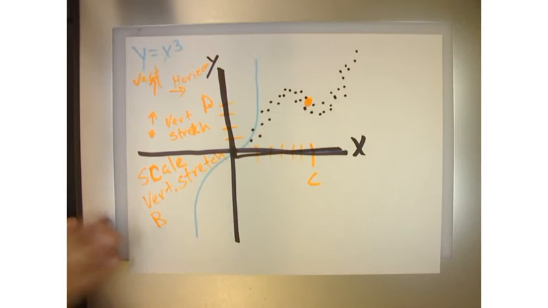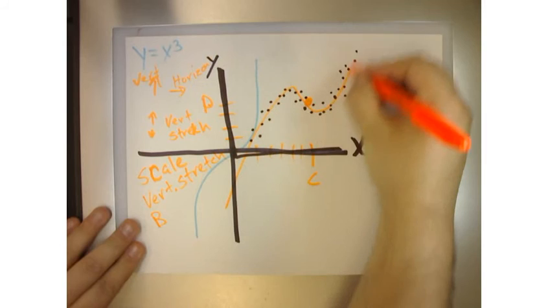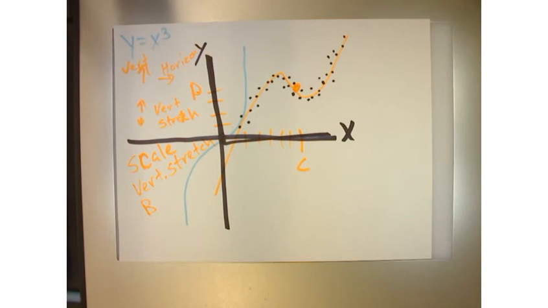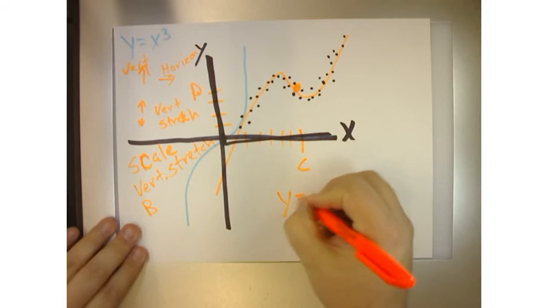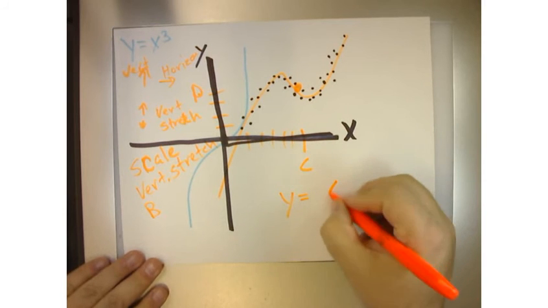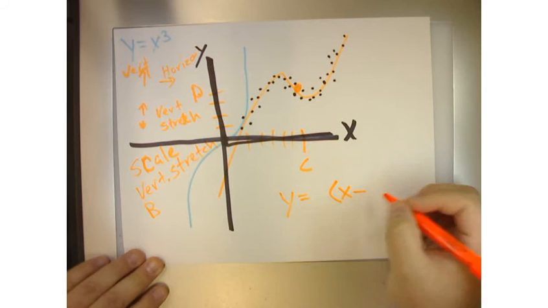So my goal is basically to create an equation that comes through here like this based on the parent function y equals x cubed. So how do I write that? I would say y equals. Now in parentheses I would say x. Now if we're shifting to the right, I would minus how many units?